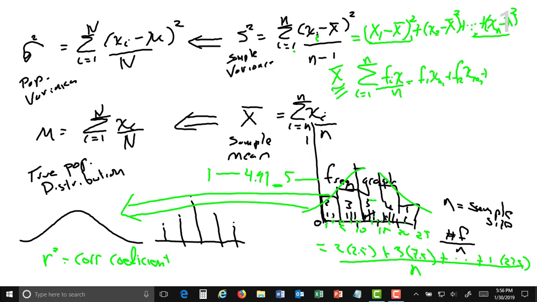And then plus, dot, dot, dot, plus, and the last term is going to be f sub n, which is our last frequency in the last cell, right, times whatever the last midpoint was. You see? Now, that's all they are. They're just telling you. Now, the same thing here. Look at this. That's all it is. I'm just putting 1, and I don't stop this pattern until I hit n.